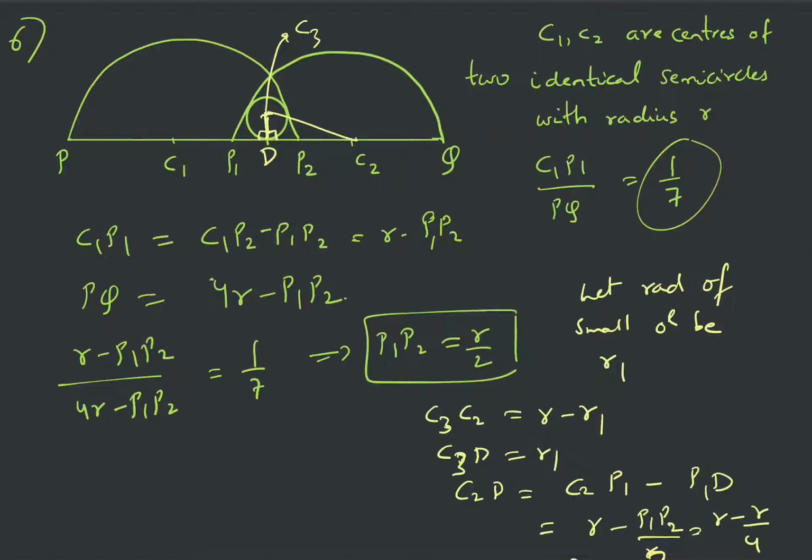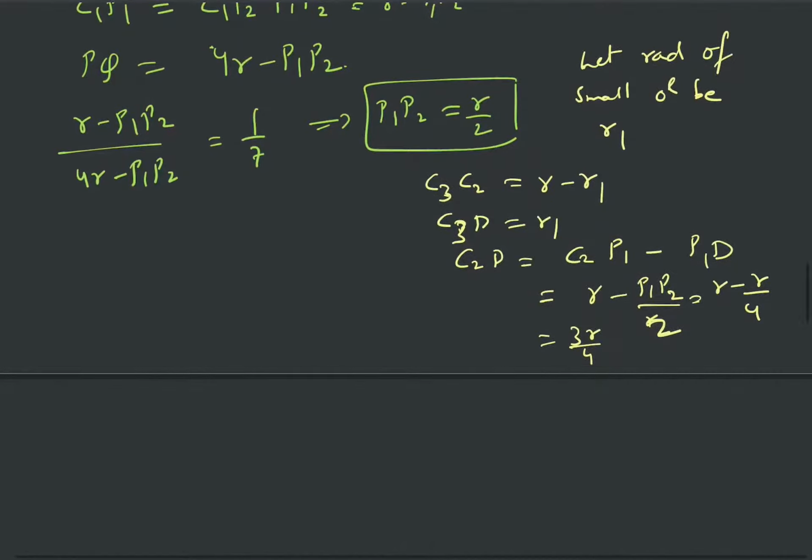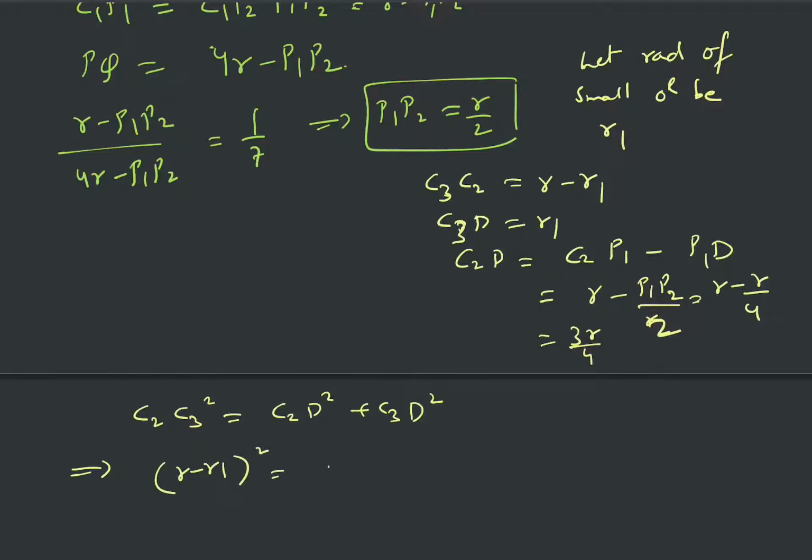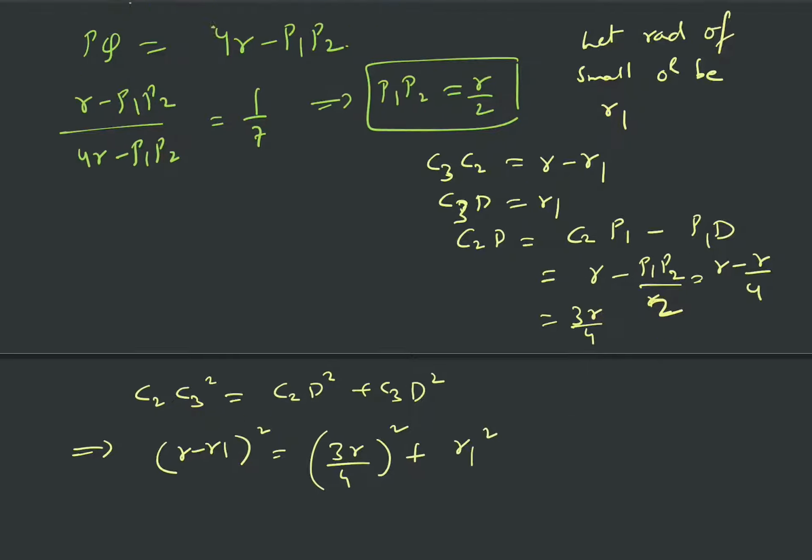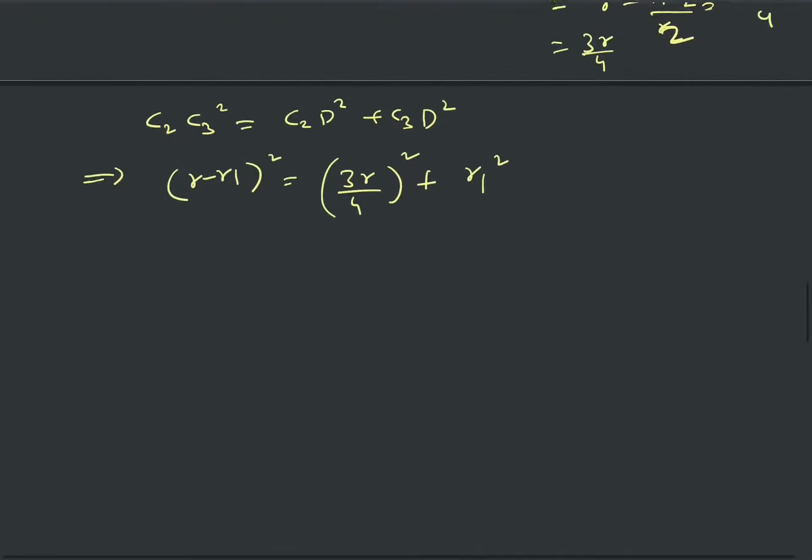So now we know C2D, we know C3D, and we know C2C3. So let us just use the Pythagoras theorem. So C2 C3 whole square is equals to C2D whole square plus C3D whole square. So this implies that (r minus r1) whole square is equals to (3r by 4) whole square plus r1 square, and we need to find r1 in terms of r.